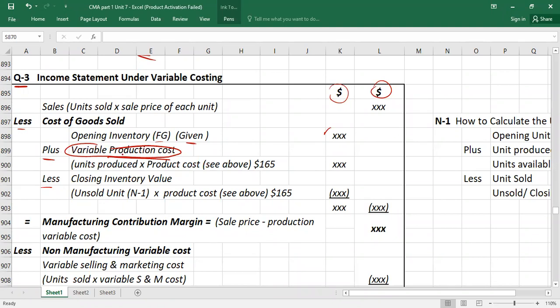Understood? And how will you get the production cost? You will take units produced multiplied by product cost per unit. And I have just shown you the product cost per unit above, 165. That I will multiply with units produced. Understood? This is one way I'm telling you, please.